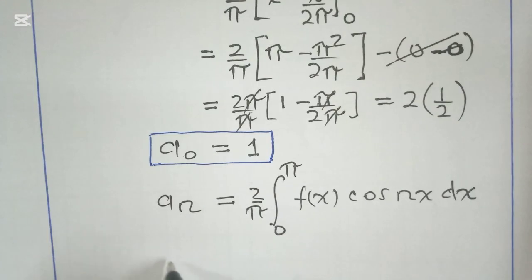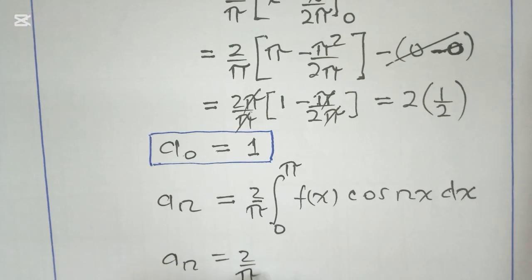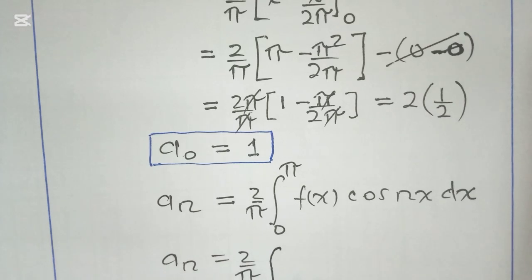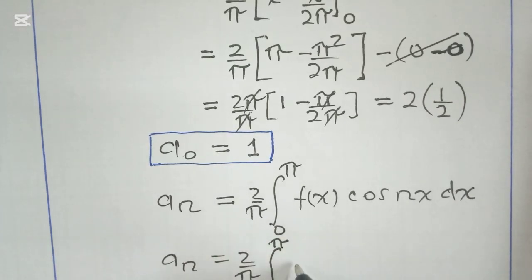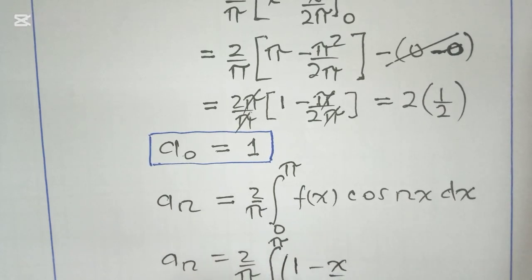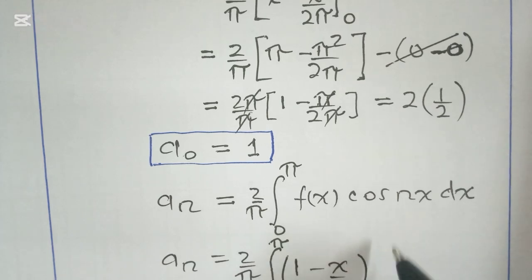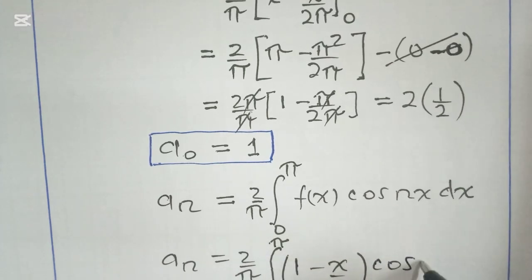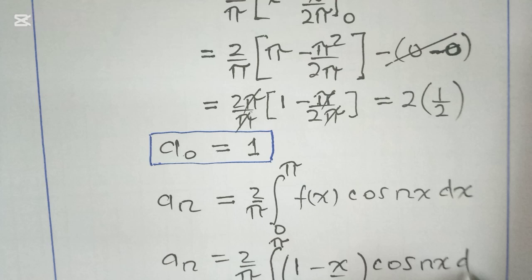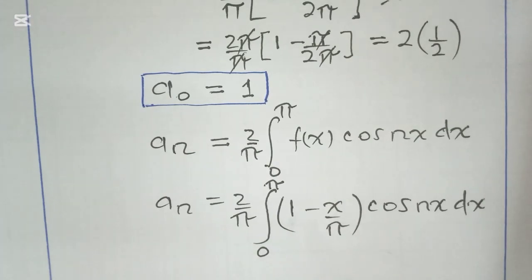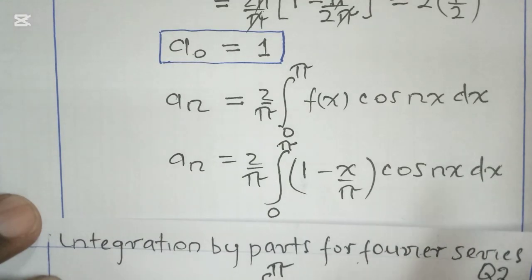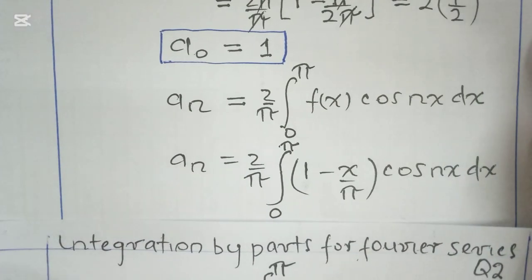So this one is given by AN equal to 2 all over pi, integral from 0 to pi, f(x) is going to be 1 minus x all over pi, and then we put cos nx dx. Guys, I believe we are familiar with that, and let me tell you why.